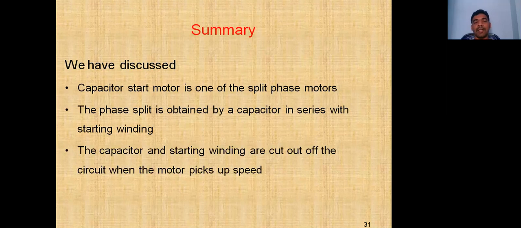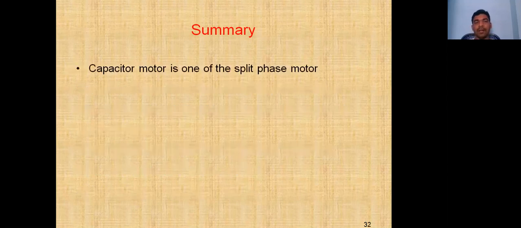The capacitor and starting winding are cut out of the circuit when the motor picks up speed. Suitable for high torque applications.